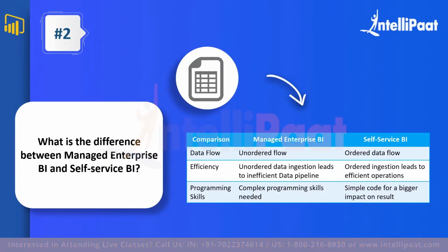And this difference between unordered and ordered data flow affects the second point as well, that is efficiency. Since we're bringing unordered data into the pipeline, it's going to take a lot of time, a lot of effort, and a lot of pre-processing in the case of managed enterprise.